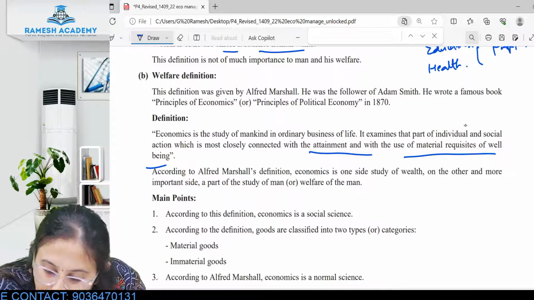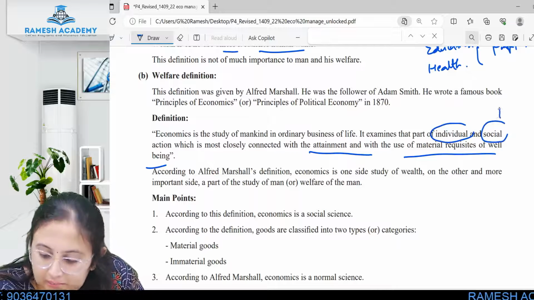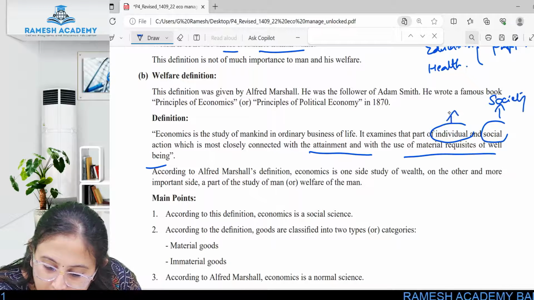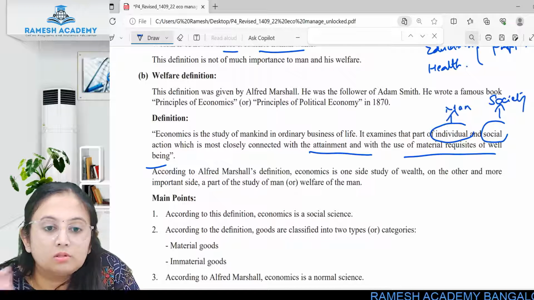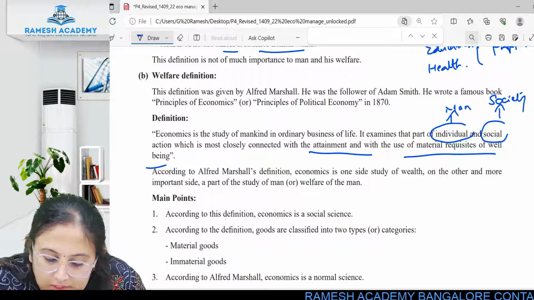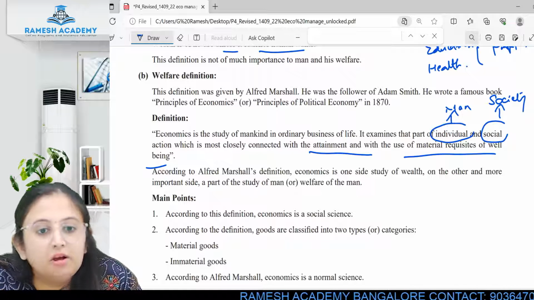So he is considering individual as well as social action. That means what is good for the society, what is good for a man individually, those things you have to consider. That is economics, not only money.